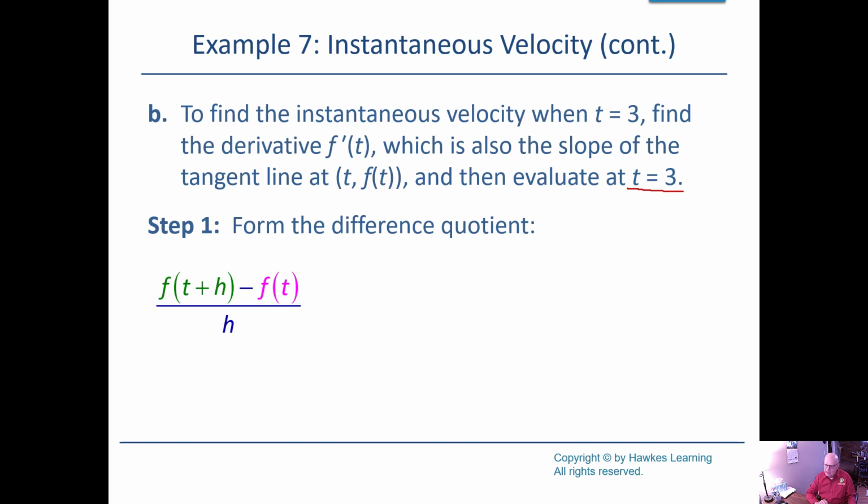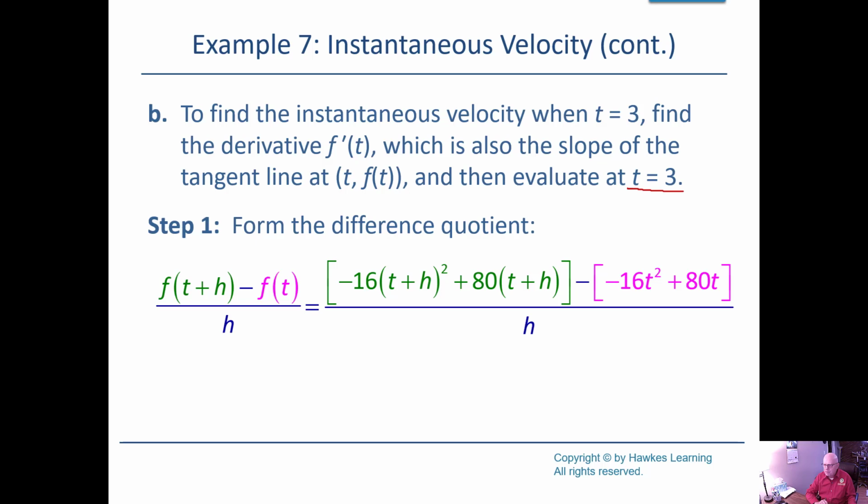There's our h in the first function and h on the bottom. Expand that, subtracting the original function out there. Here's the t plus h part of the original function. Here's the original function. Don't forget to square this before you multiply by the negative 16.